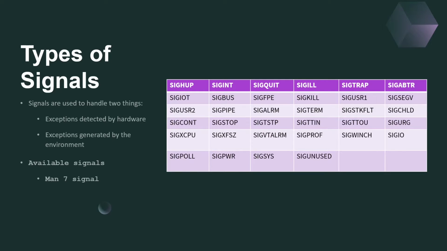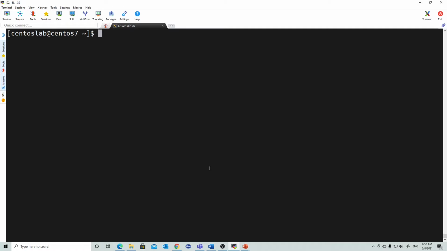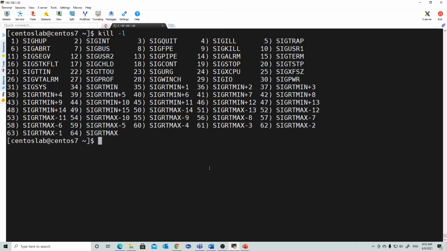To see a list of the signals in Linux, along with their numbers, do kill -l. We run kill -l. As reflected on this screen, the meaning attached to the signal type indicates what event occurred, causing the signal to be sent to our process when sent from the kernel. The signals from SIGRTMIN are termed real-time signals and are a relatively recent addition.